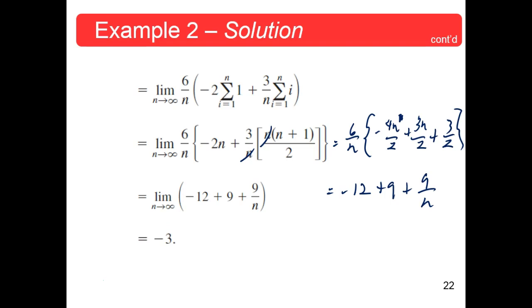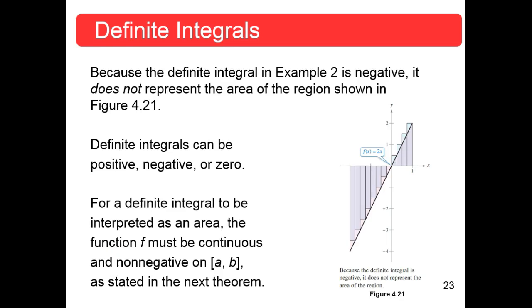How can you have a negative area? Yes, that is the question. Here's the picture. Because the definite integral in example 2 is negative, it does not represent the area of a region shown in figure 421. Okay? Well, here's what's happening.